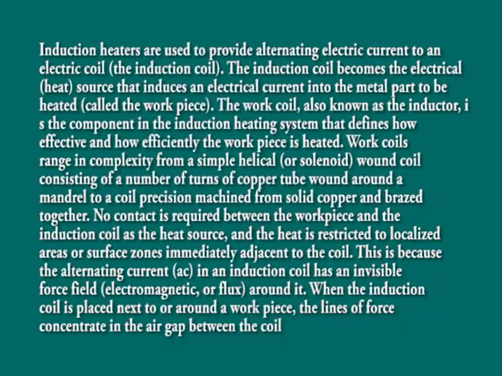This is because the alternating current, that is AC current, in an induction coil has an invisible force field, or electromagnetic flux, around it. When the induction coil is placed next to or around a workpiece, the lines of force concentrate in the air gap between the coil and the workpiece.